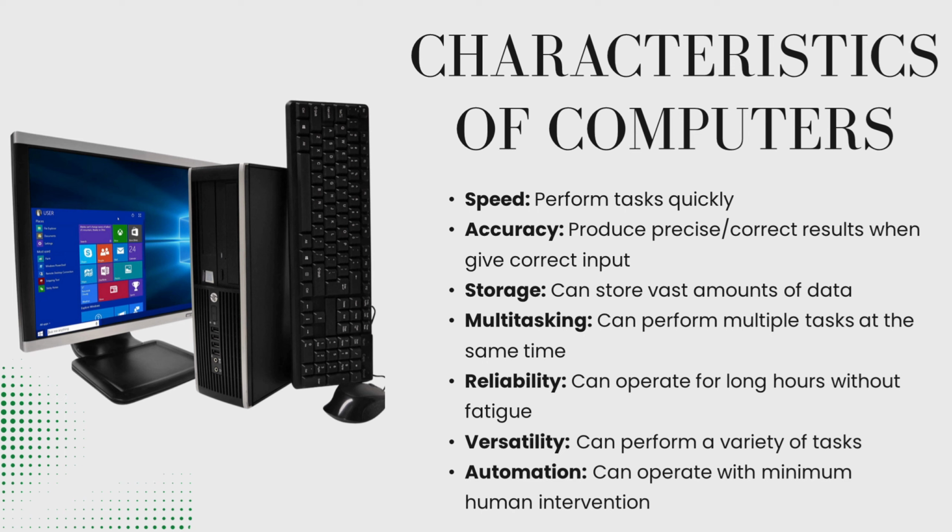Now, another characteristic of computers is that they can do what? Multitasking. By multitasking, I mean that they can perform multiple tasks at the same time. I'll use your smartphone or your mother's or father's phone as a good example.